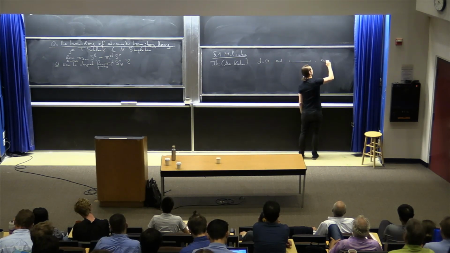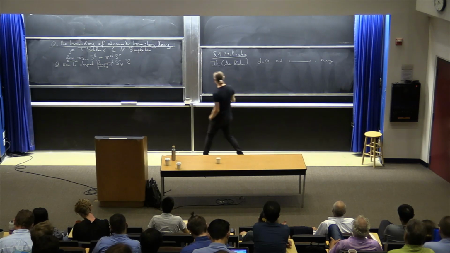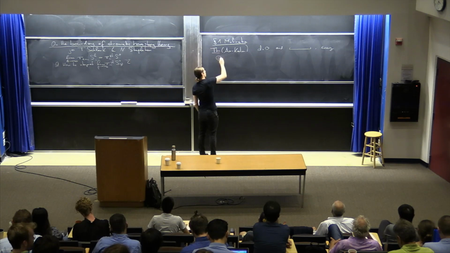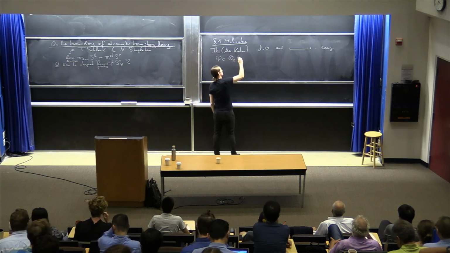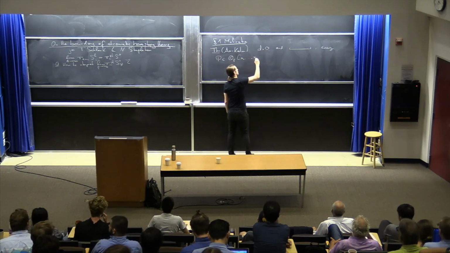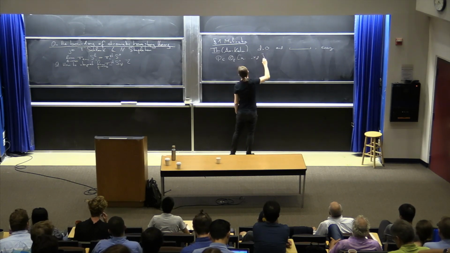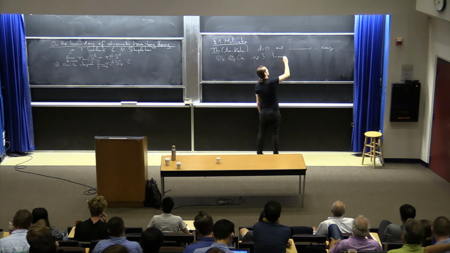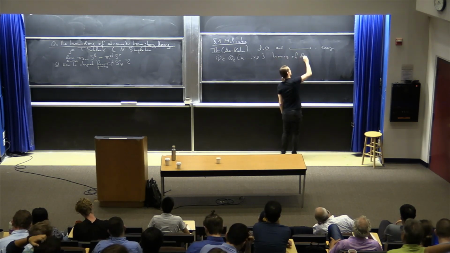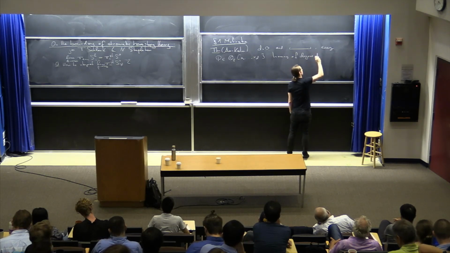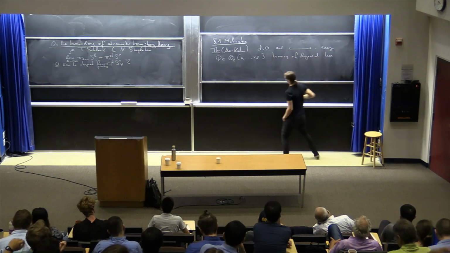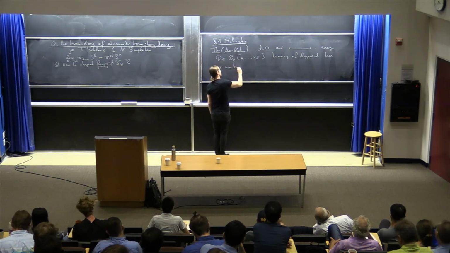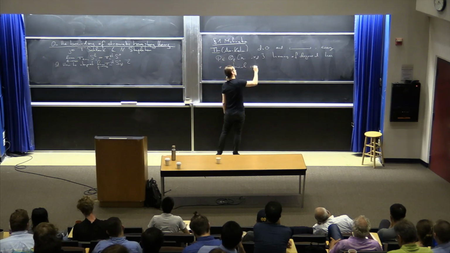Then every polynomial over Q_p in at least d squared plus 1 variables, which is homogeneous of degree d, has a non-trivial zero.